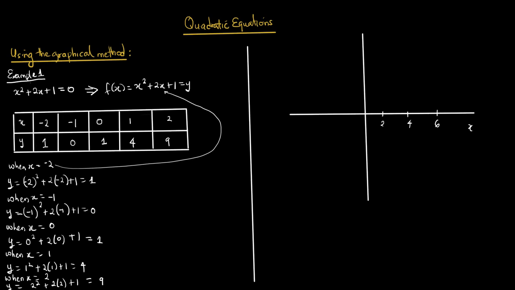Again, the same thing: I can go 2, 4, 6, and maybe let's go up a little bit more, so I could have an 8 there, and probably a 10 there.